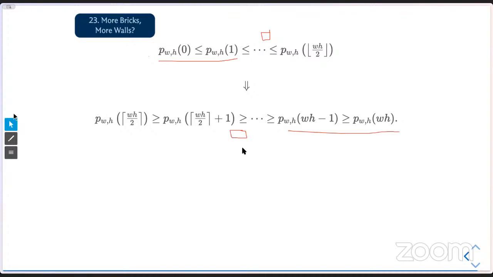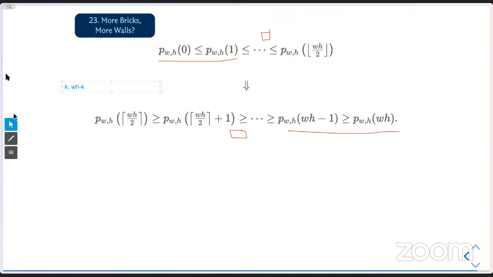If the number of occupied locations is at most half, can we say something about the number of unoccupied locations? Is it at least half, exactly half, also at most half? So the number of bricks is k, and the number of non-bricks or empty locations is WH minus k.